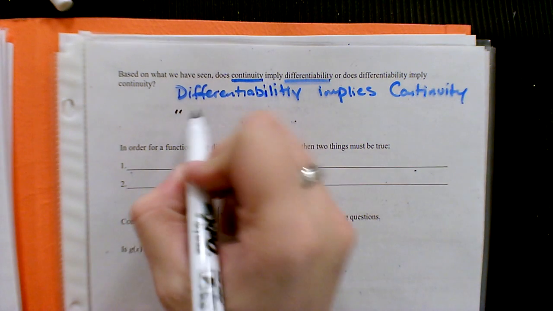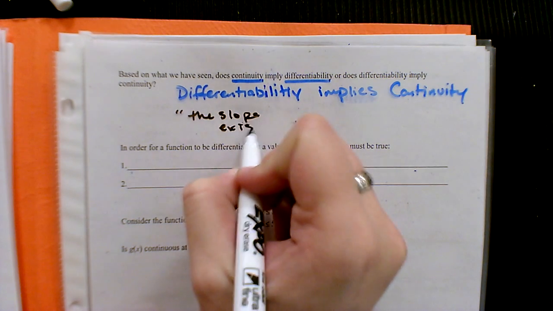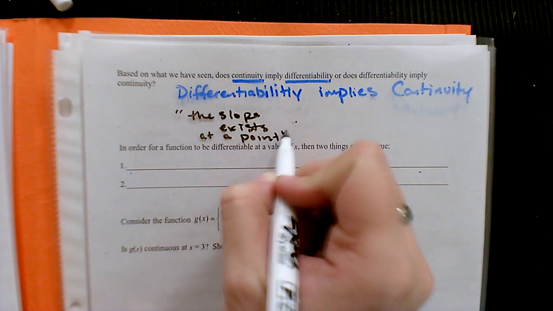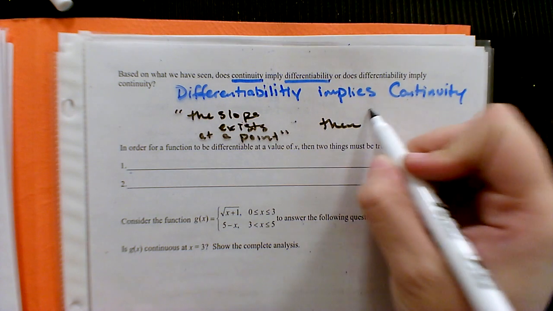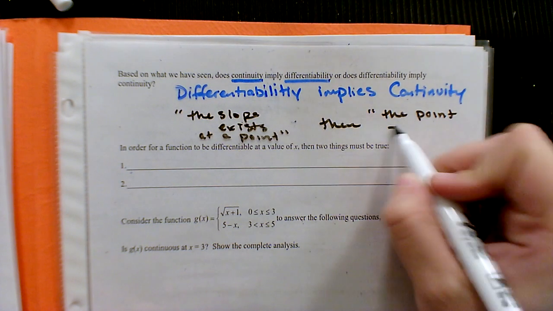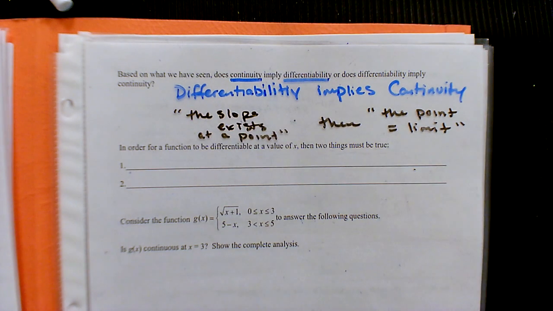Okay, so basically this is saying if the slope exists at a point, then the point equals the limit. If you're able to draw a tangent line at one spot, you know that the point exists at that spot and the limit exists. Okay, you're continuous.